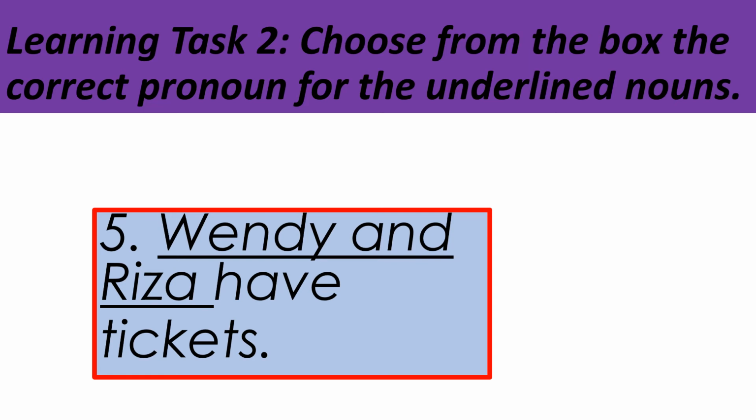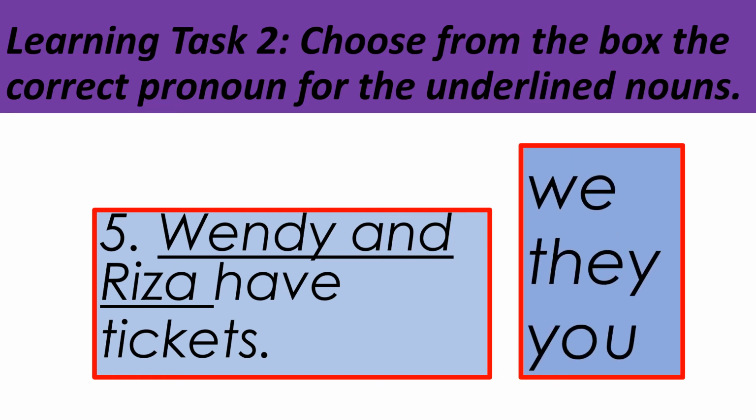Wendy and Riza have tickets. What are the nouns? So Wendy and Riza, correct. What pronoun are we going to substitute for Wendy and Riza? We, they, or you? Okay, so they have tickets. Correct.